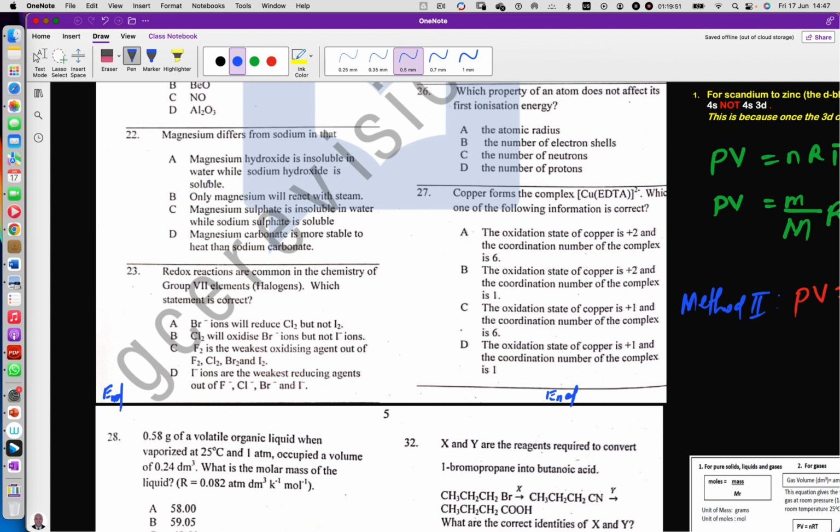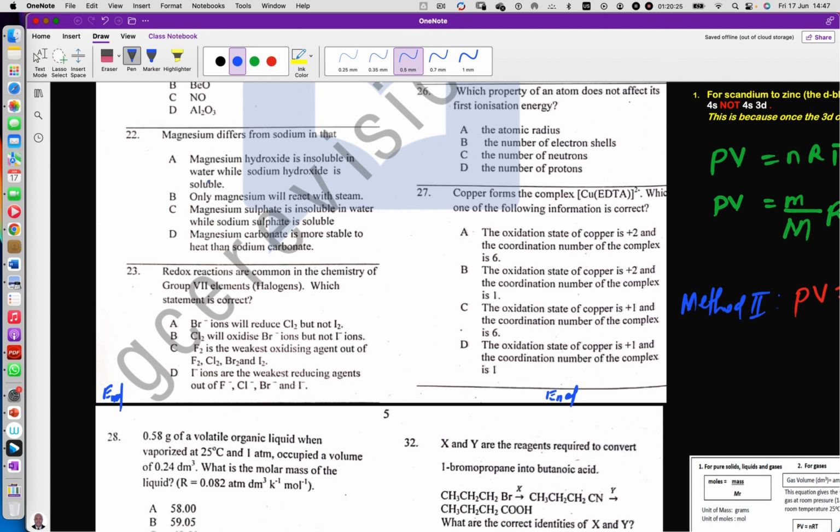That is the reverse, because halogens down the group will reduce the ones above, implying that the reducing ability increases down the group, with iodine being the strongest reducing agent. So the only answer is A. A is right in all sections.